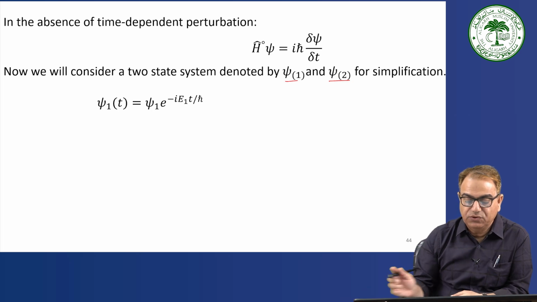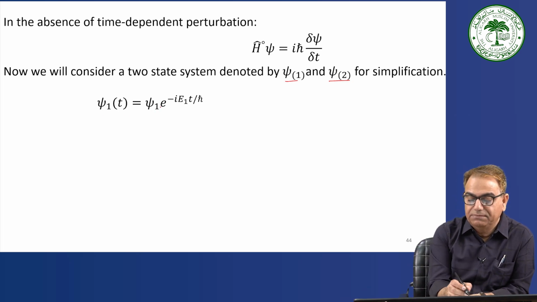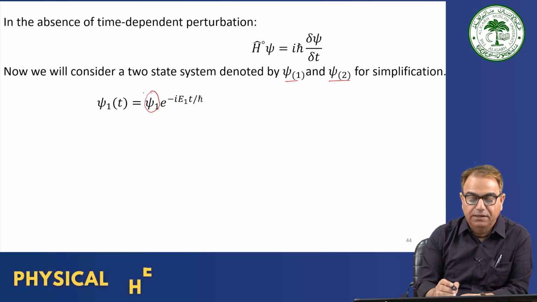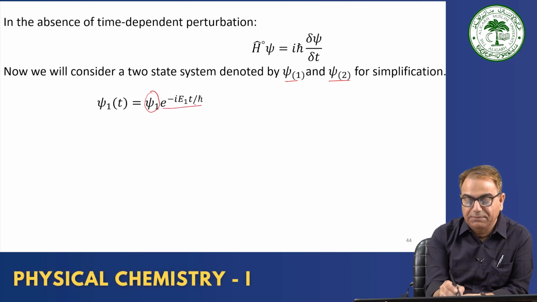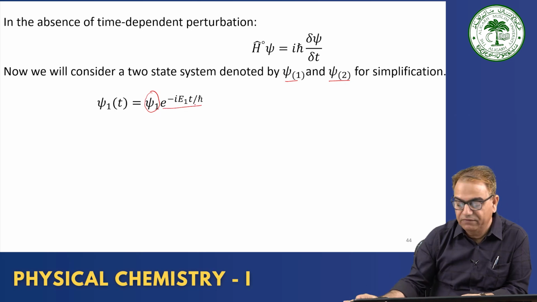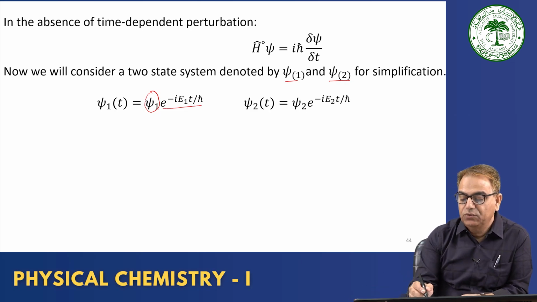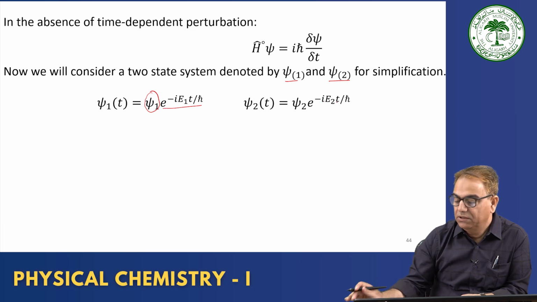So psi 1(t) can be written as psi 1 times exponential minus i E1 t by h cross. This psi 1 without any variable is actually coordinate dependent, and this part is time dependent. So you should always remember that. Then psi 2 you can also write in the same way, psi 2 times exponential minus i E2 t by h cross.